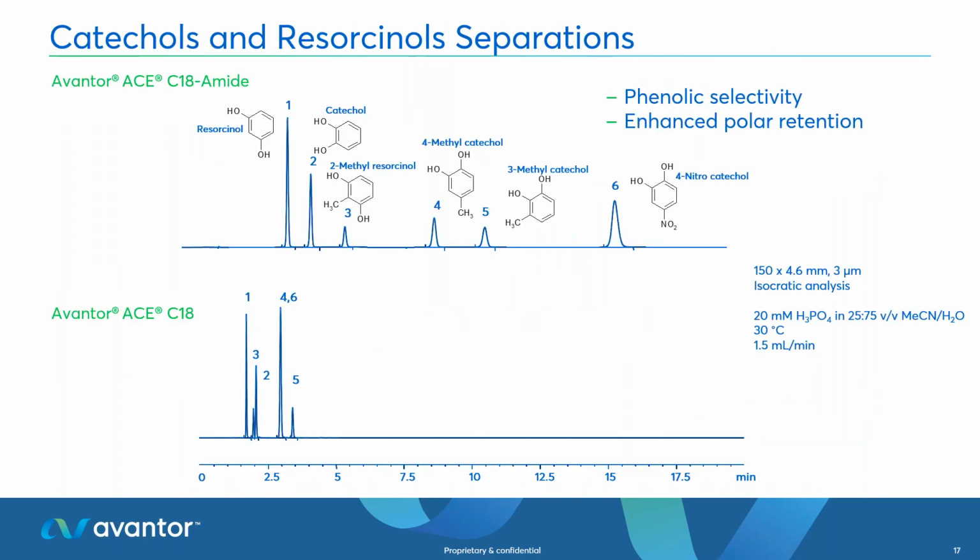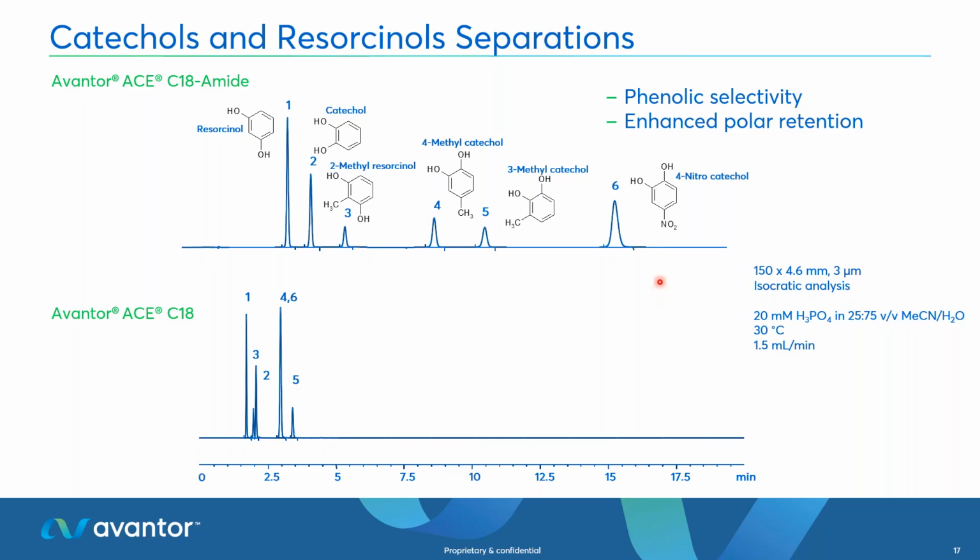And just my favorite example of the polar embedded phase being significantly different from a C18, coelution of these 6 analytes and really poor retention under 4 minutes. If you put them down the C18 amide, you get really significant improvement in selectivity, in resolution, and in retention.